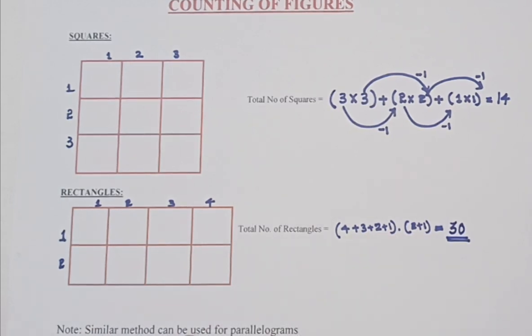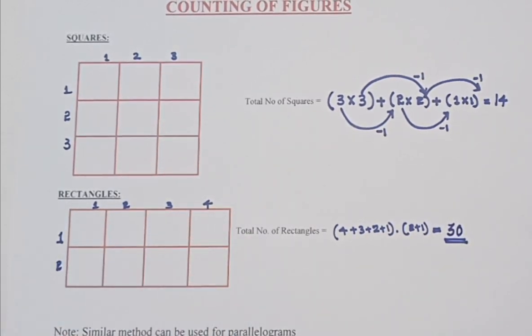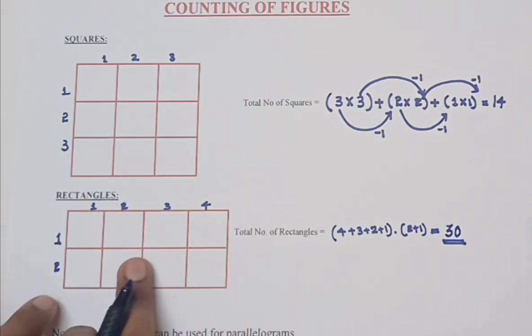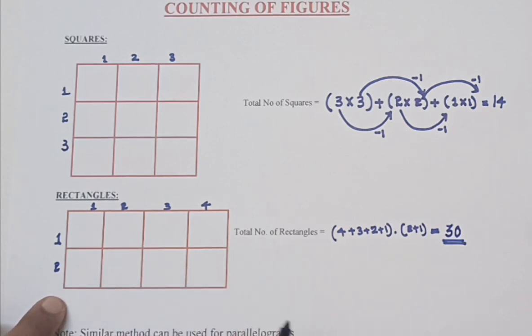This method can be used by replacing rectangles with parallelograms. Since we have already learned how to calculate the total number of squares, let's try how many squares are in this figure.